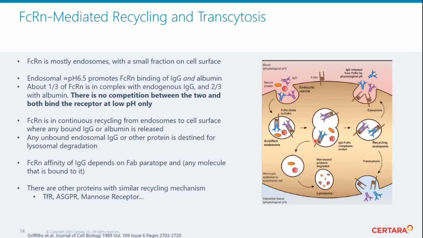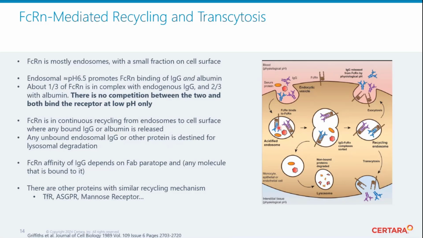So what we know is also that, in this case we have here, for example, antibody internalized through endocytosis into the endosomal vesicles. That's where it meets the FcRn. Most of the FcRn resides in those vesicles. A small fraction is on the cell surface as well. And here the antibody just binds the receptor.